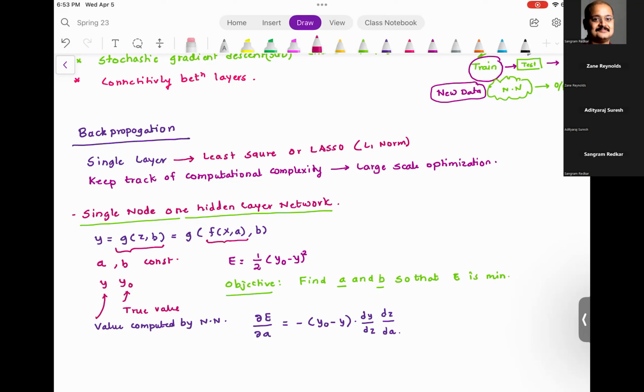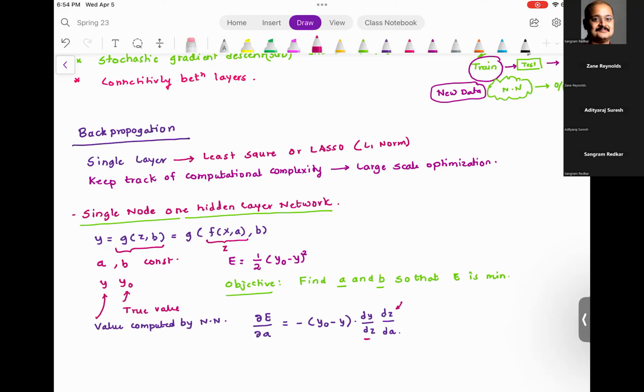So if you want to take the derivative with respect to a, first you need to take the derivative with respect to z, and then use the derivative of z with respect to a.